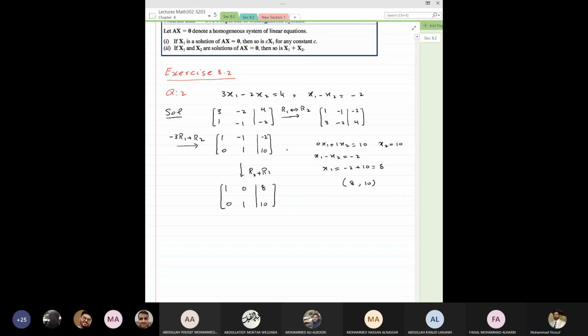Now this gives you this system, and from here we get x1 equal to 8, x2 equal to 10 directly. So 8 and 10 are the solutions of this system of equations.